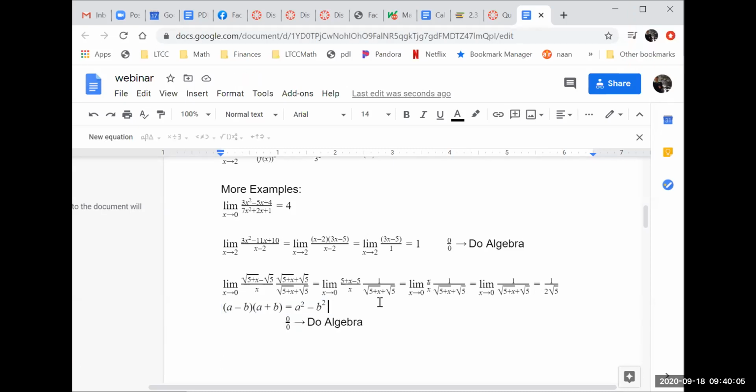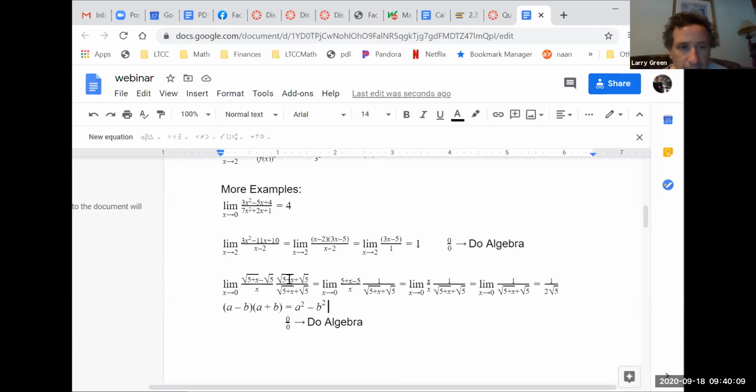So what this does by multiplying by root 5 plus x plus root 5 is it squares both of those square roots. Because what makes this hard is the square roots. And the best way of getting rid of a square root is to square. This is the way we square, and it's the only way that you can actually square.